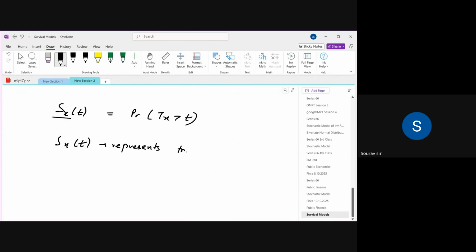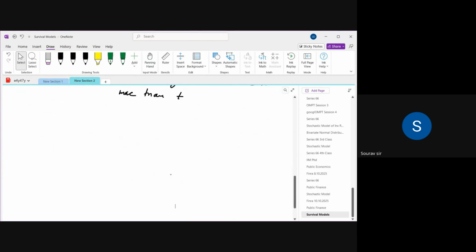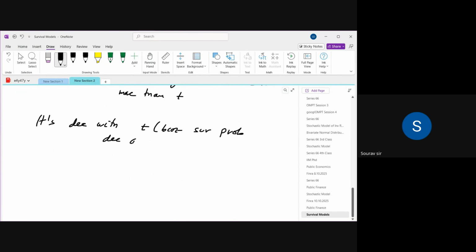It represents the probability that a person aged x will survive more than t additional years. So survival functions serve as a foundation of all the mortality modeling. It's decreasing with t. Why? Because survival probability decreases over time.